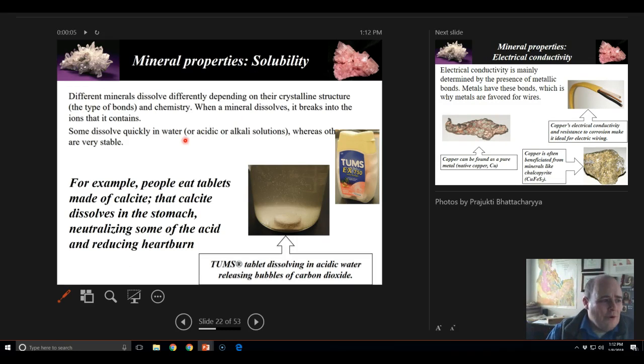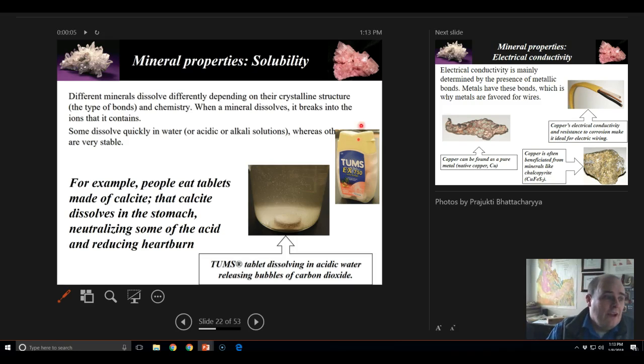For solubility, calcite is soluble, so it's something we can get calcium into our bodies from. For example, calcite will react with acids. When you eat Tums, which is just lots of calcite, it will react with your stomach acids and therefore raise your pH, which helps you overcome a stomachache.